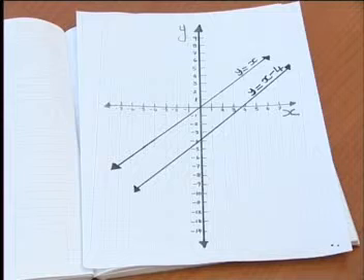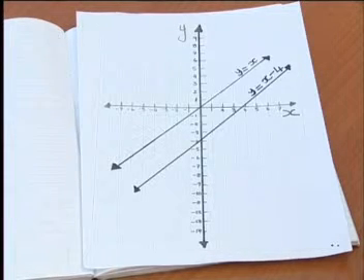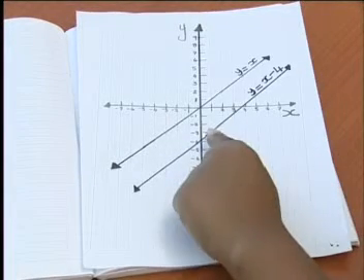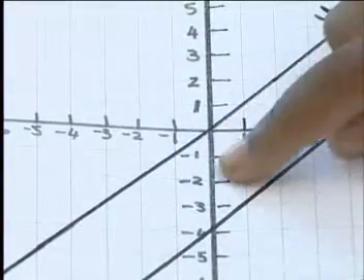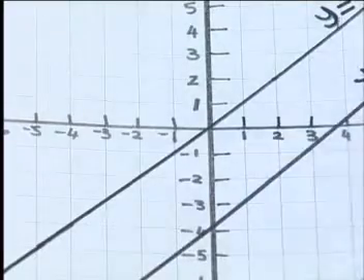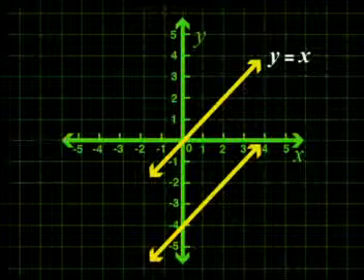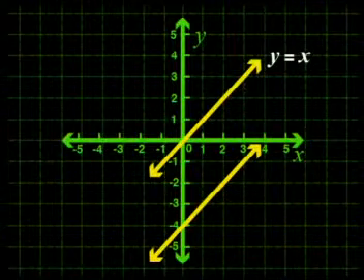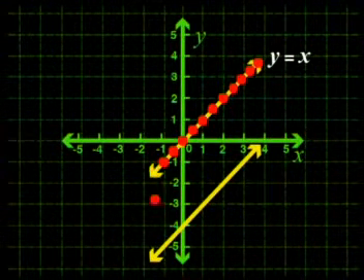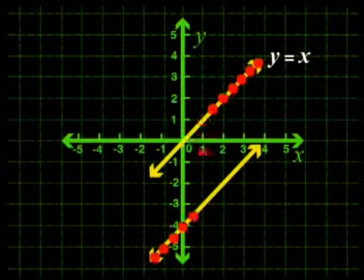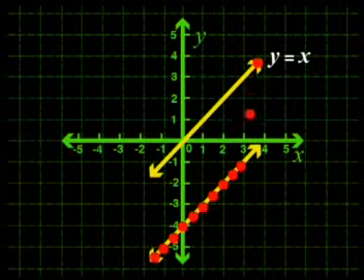The gradient is the same as for y equals x, but now the graph cuts the y-axis at -4. So we shift the graph down 4 places and we keep it parallel to the parent function. Well done. So -4 shifts the graph down 4 places. In your new graph, it's as if each point on the parent graph has dropped by 4 units.